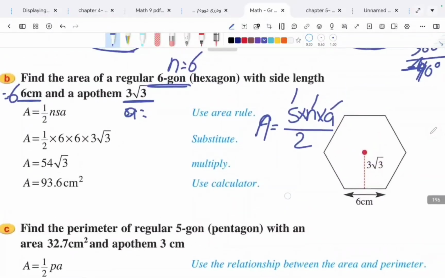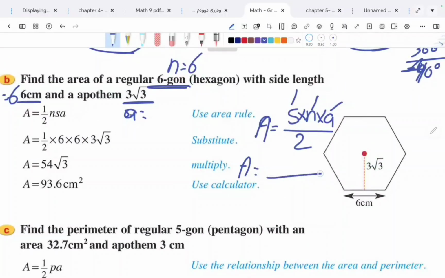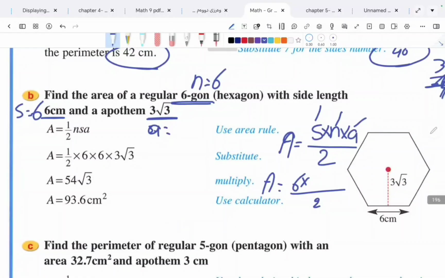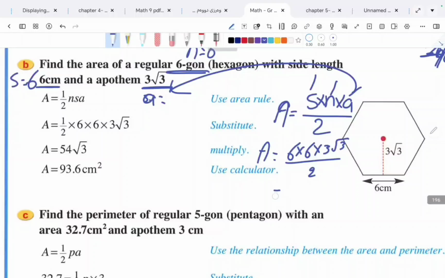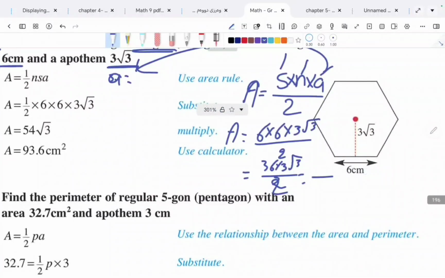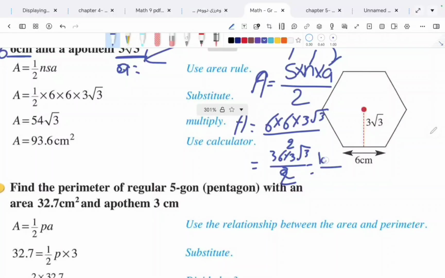So what's the rule? Area equals s times n times a divided by 2. s equals 6, n equals 6, and a equals 3 square root of 3. 6 times 6 is 36, times 3 square root of 3, over 2. 36 times 3 equals 108 square root of 3, divided by 2.